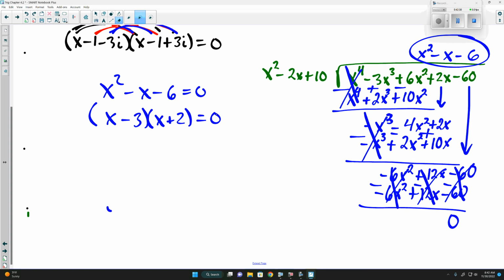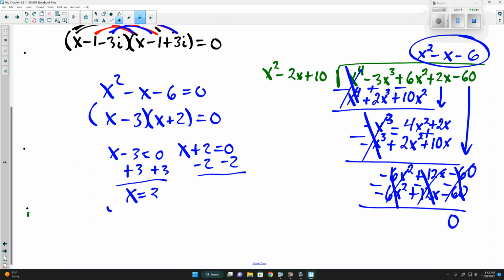Times x plus 2. Which tells us x minus 3 is 0. x plus 2 is 0. And if we solve, x is equal to 3. x is equal to negative 2. So we found our two other solutions.